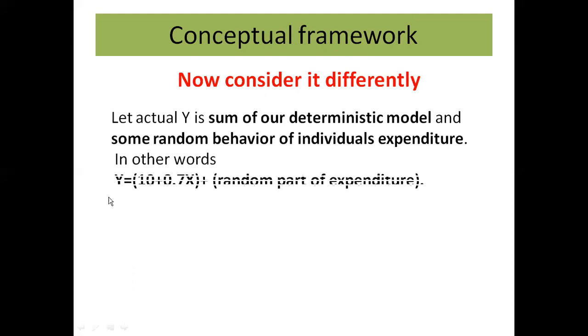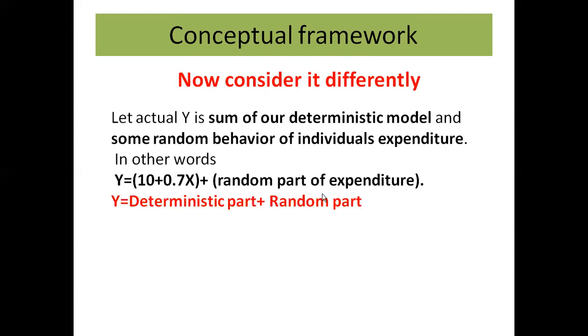In other words, expenditure y equals what was considered earlier, plus some random expenditure. So y equals deterministic plus random, meaning my dependent variable is a known variable plus unknown causes.